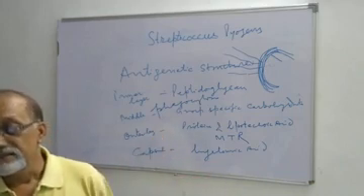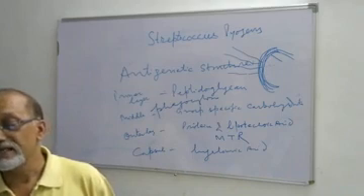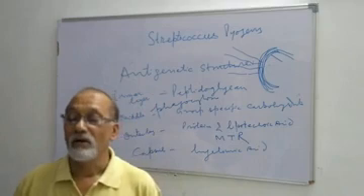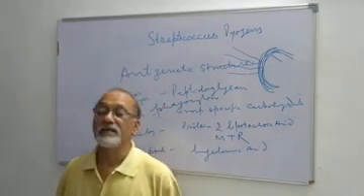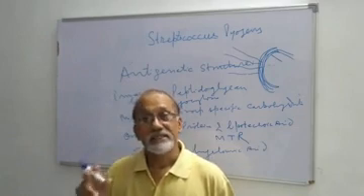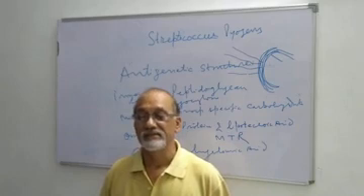And this M protein is resistant to heat and acid, but susceptible to trypsin. On the basis of M protein, group A, about 80 serotypes have been recognized.